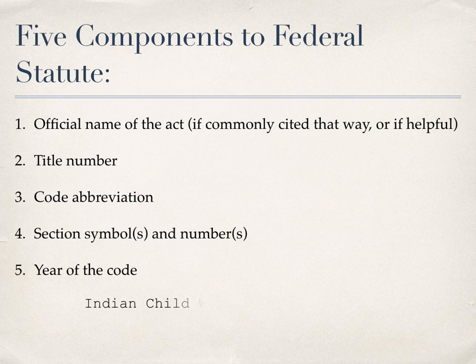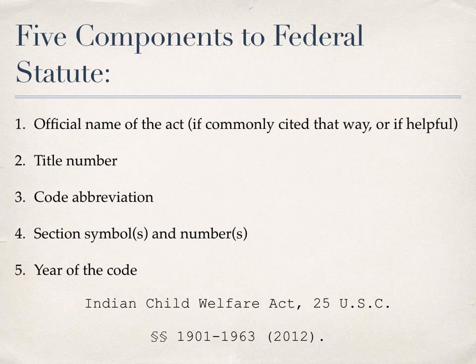Here is an example of how the Indian Child Welfare Act might be cited in full. The Indian Child Welfare Act is a common federal statute that's known by its name, rather than just by scattered provision codes. Therefore, I would start off by typing in its common name, the Indian Child Welfare Act. I'd follow that by a comma, followed by the title number, which is 25, USC, which stands for United States Code, and then double section 1901 to 1963.